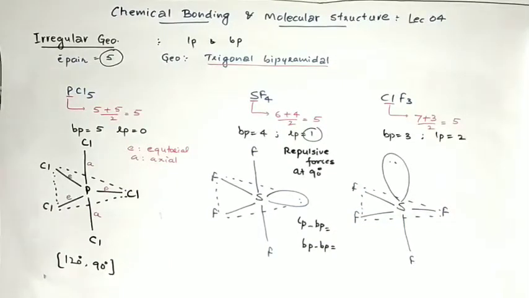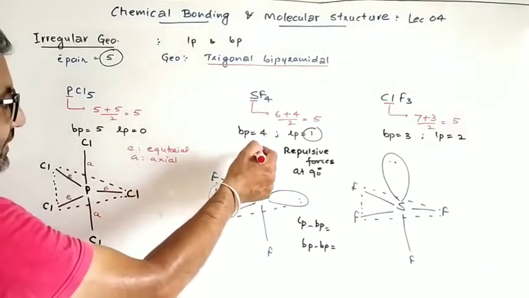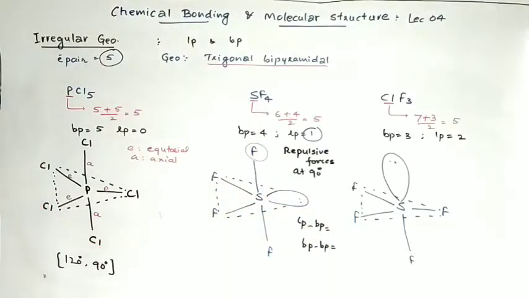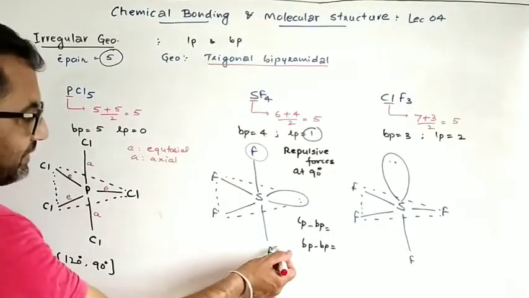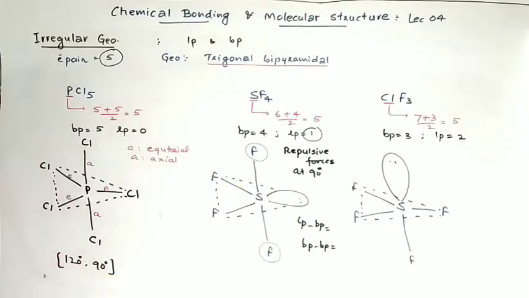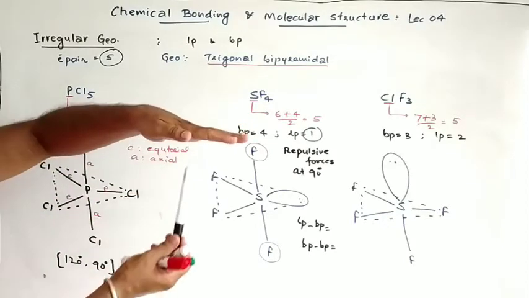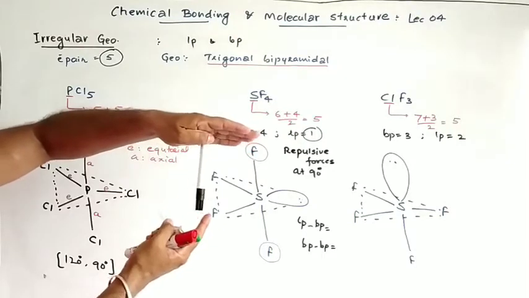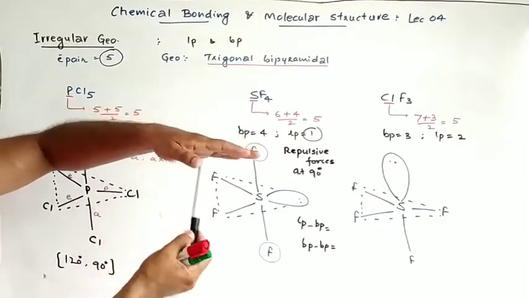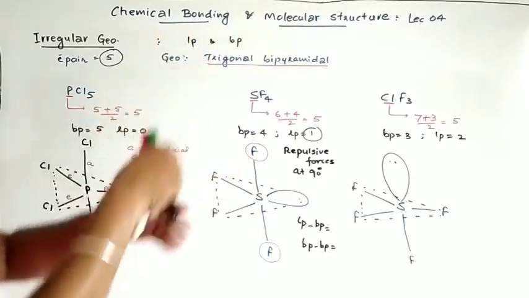So this fluorine is at 90 degrees of this lone pair. This fluorine is also at 90 degrees of this, because these 3 are in one plane. Suppose fluorine is here, it is 90 of this, 90 of this, 90 of this. This fluorine is also 90 of this.